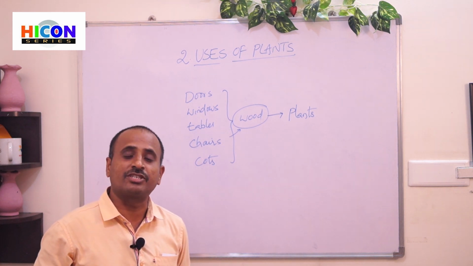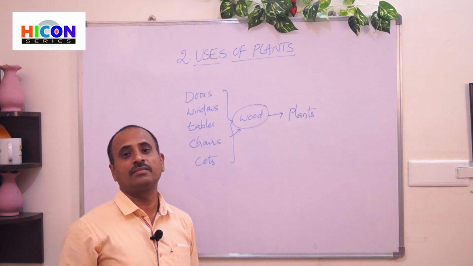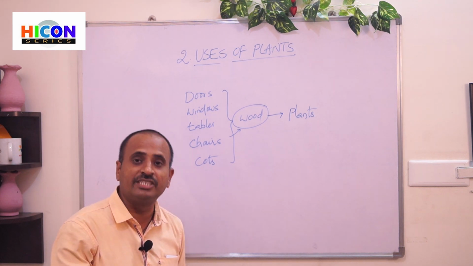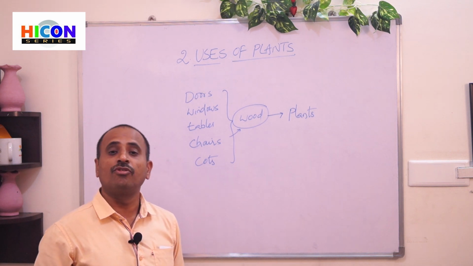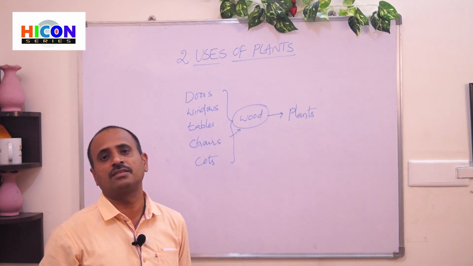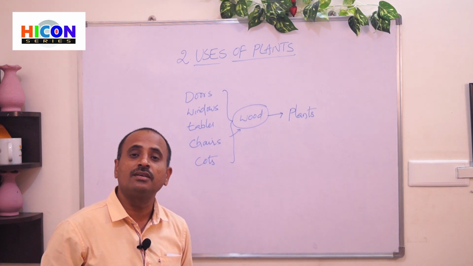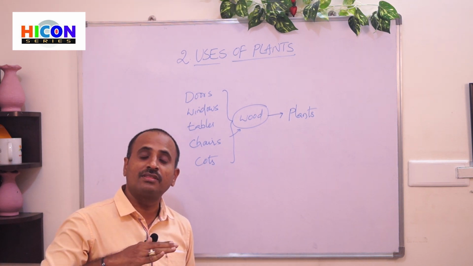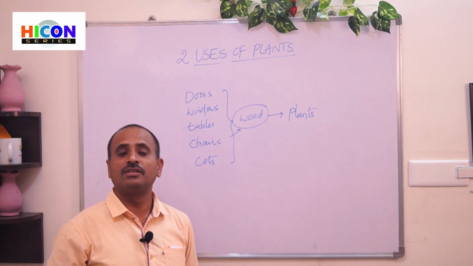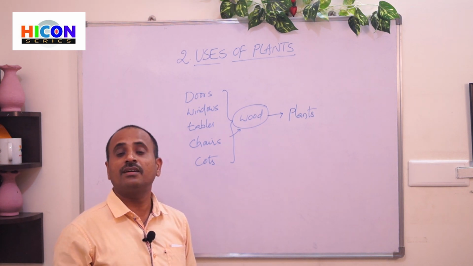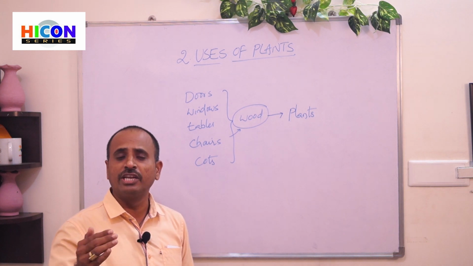If you consider some houses in your locality or in some villages, you will observe some pakka houses and you observe some small huts. And those small huts have roofs with thatches and leaves of some plants. So from where are the roofs obtained, from where are the leaves obtained?